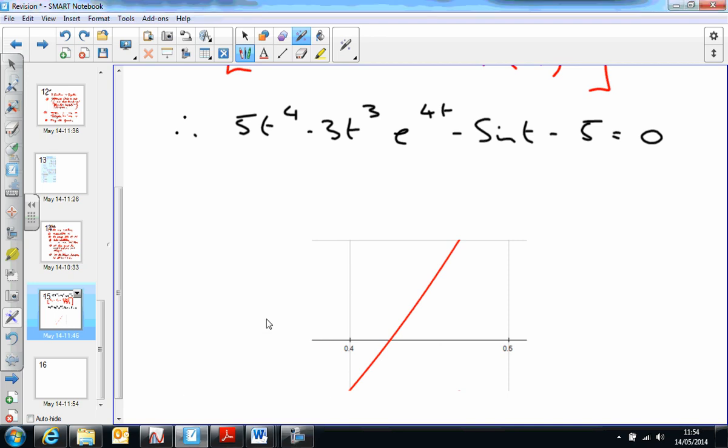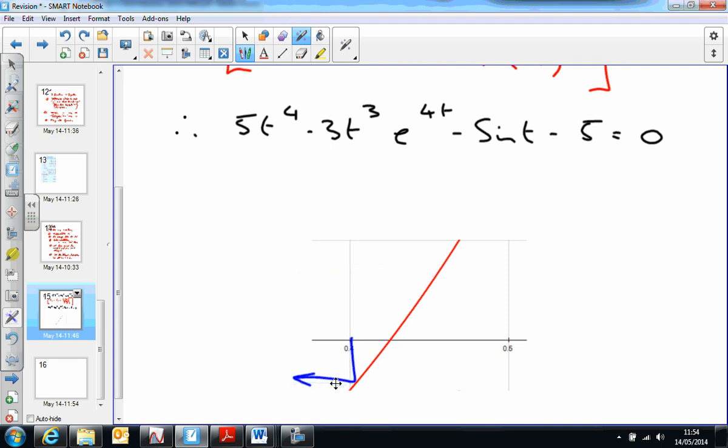But without something like this, my first thing would be to put some values in. Let t equal a value and see whether or not the value of the function is negative or positive. If I put in t equal to 0.4, I'd end up with a negative value for the function.